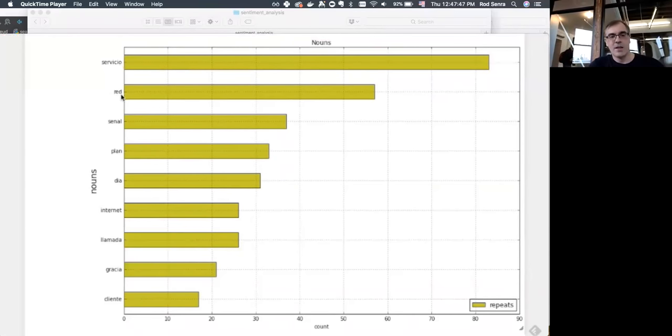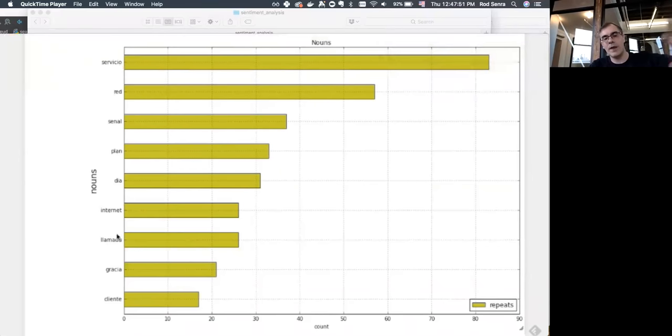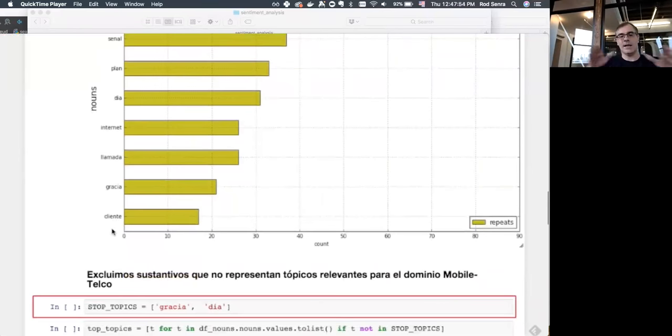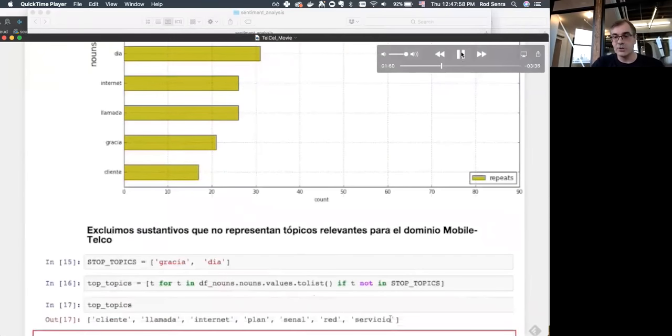So given this first analysis, you're able to filter out and identify what we are interested in. So you can create what we call stop topics, by analogy with stop words, words that have no meaning. So we have topics that do not add anything.